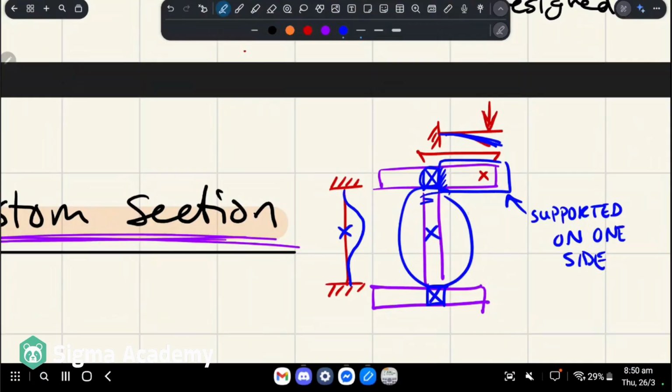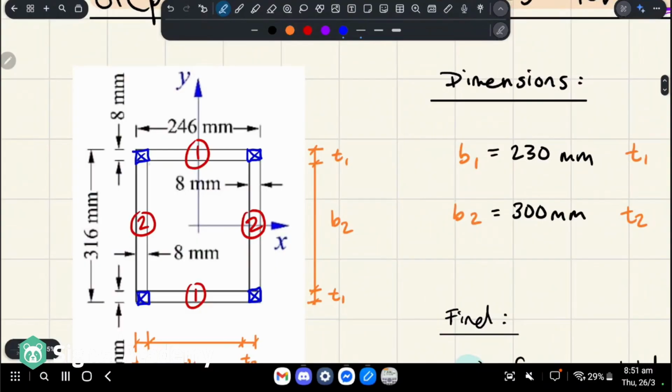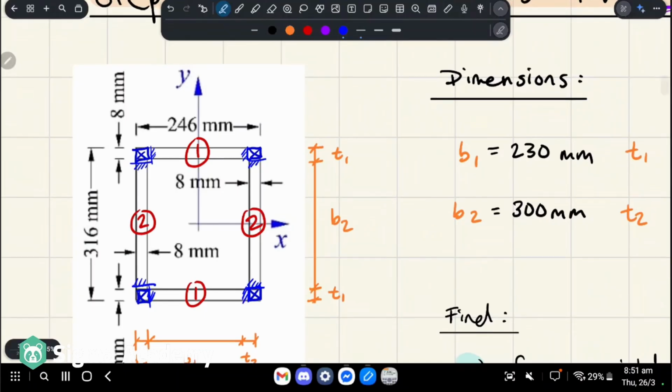So you're supported on two sides, right? Back to our section. We actually have supports on both sides for both element 1 and 2. I've grouped the similar elements together, but these unbuckleable sections act as fixed supports.